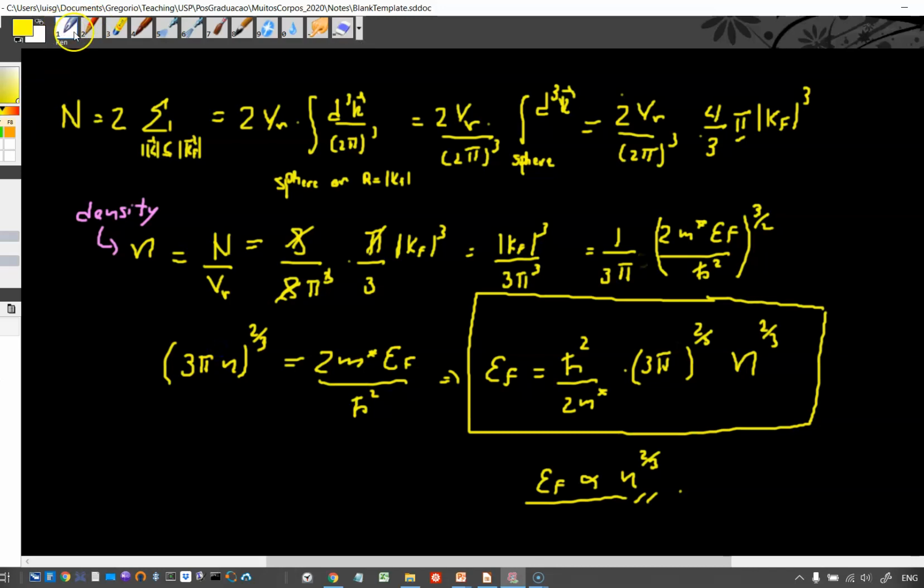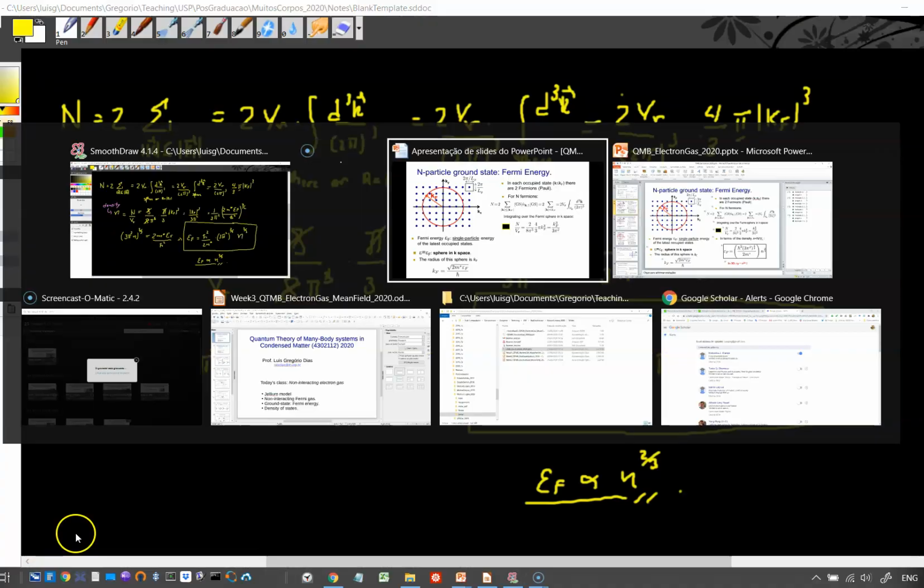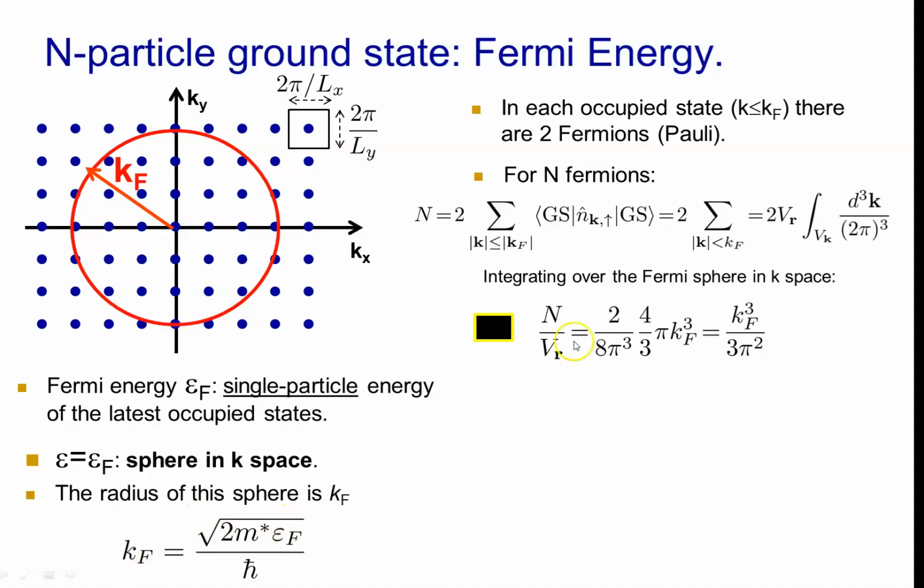Let's just correct that. 2, 2, and 2, and here as well, so that we don't carry this extra pi around. All right, but again, the Fermi energy depends on the density with the density to the power 2/3. Okay, so let's go back to the slide.